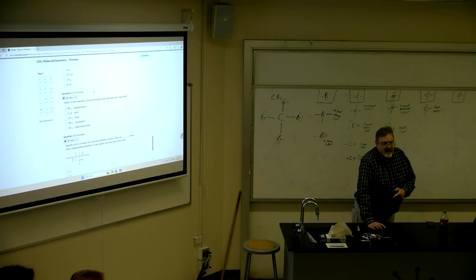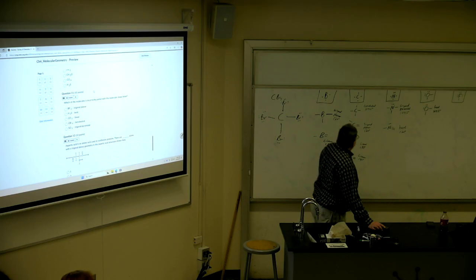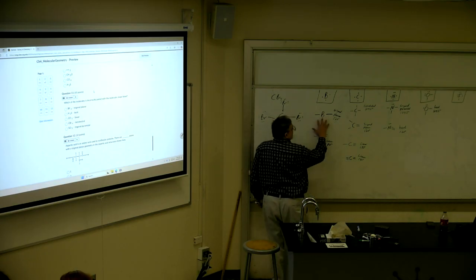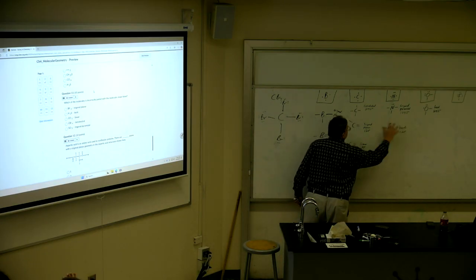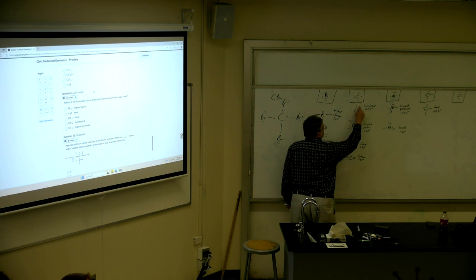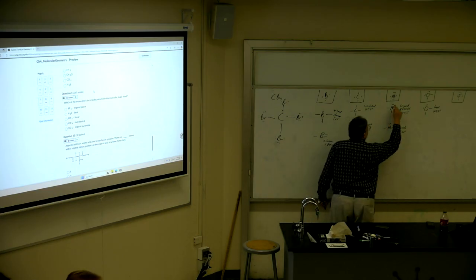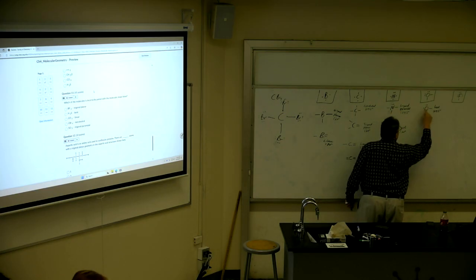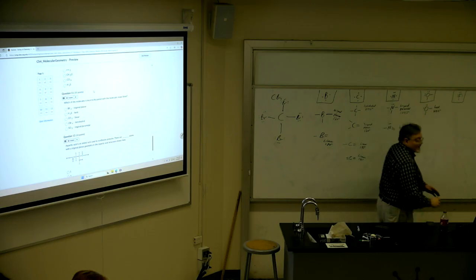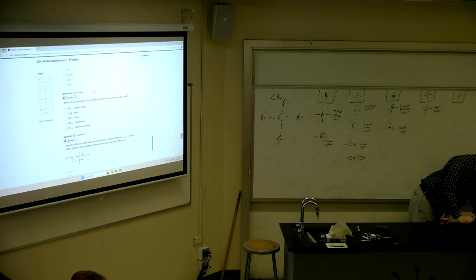Starting with phosphorus on the periodic table and anything bigger, you can actually have more than 4 bonds to that central atom. Another way of saying that is you can have more than 8 electrons around it. Notice, not these, but all of these have 8 electrons around it. 2, 4, 6, 8.